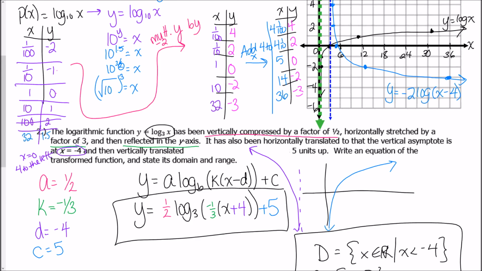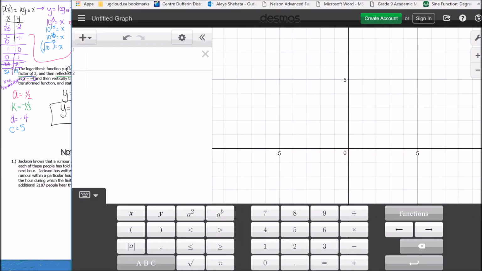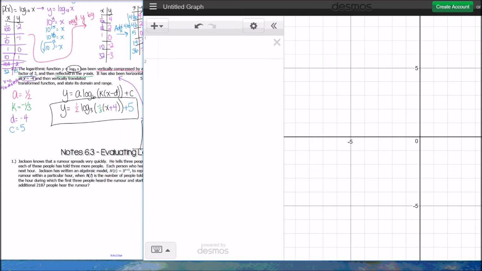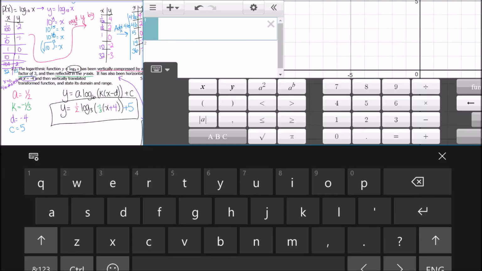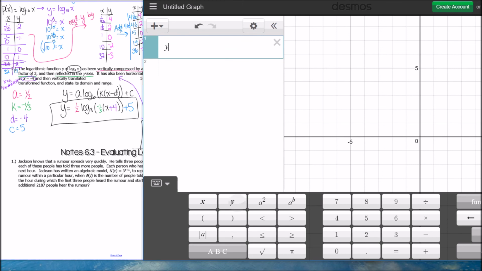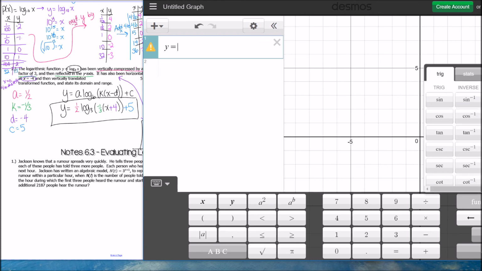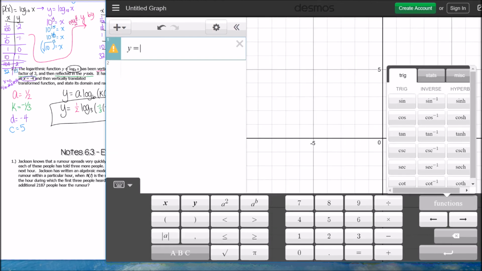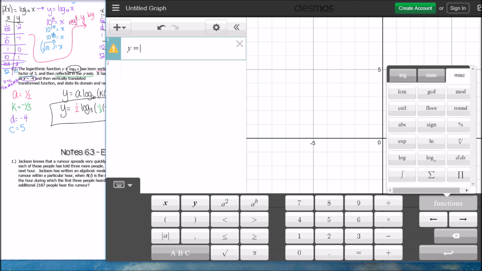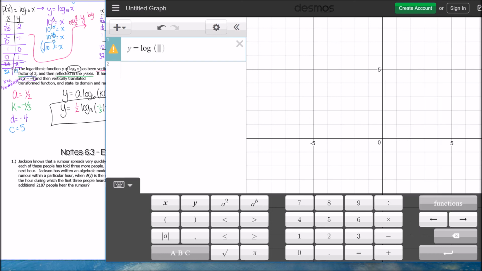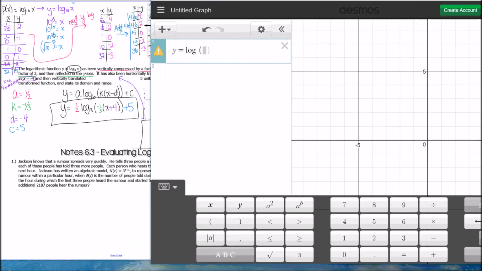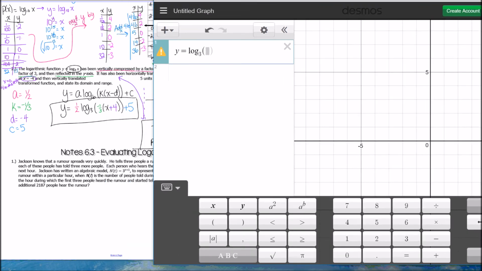All right. So let's go ahead and talk about how to type this into Desmos right here. I'm going to type in y equals, and then if I click right here on functions, I'm going to be able to see a bunch of functions, and I'm going to go to the miscellaneous functions, and I can see that I have log with a base here. So my log is going to have a base of 3.